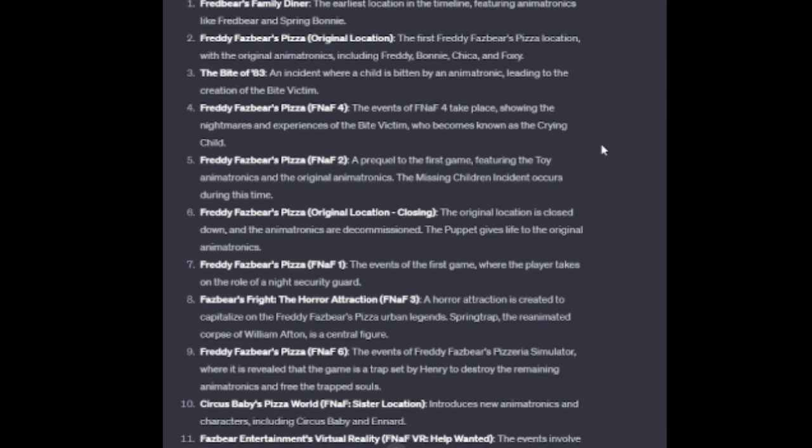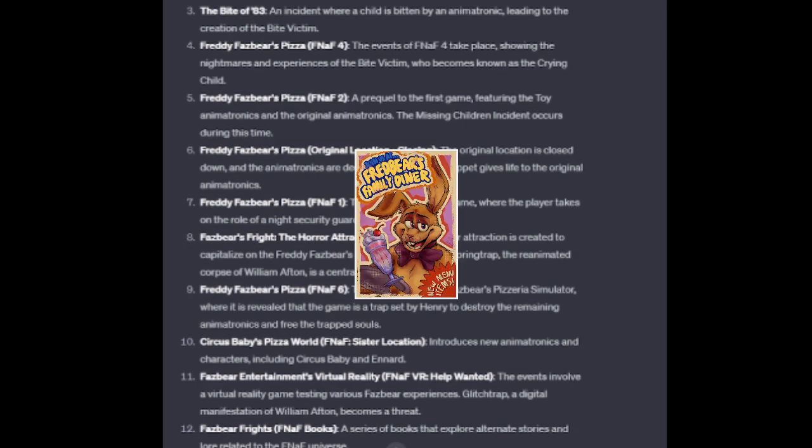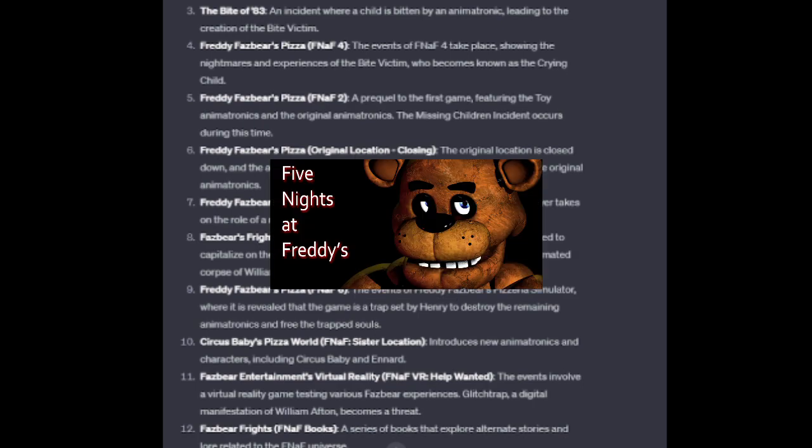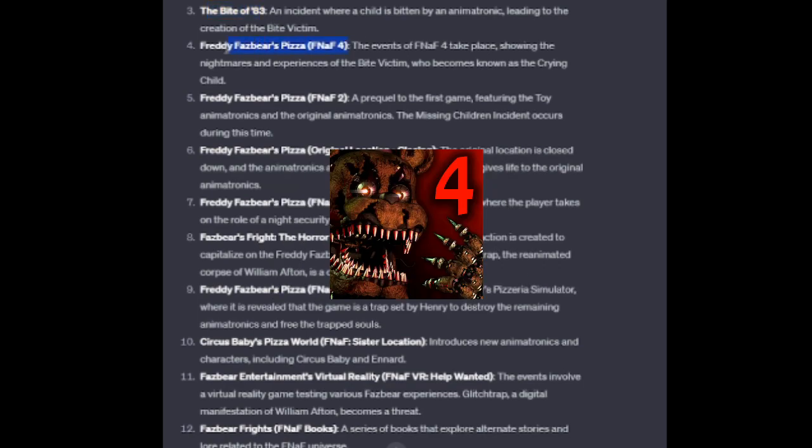Okay, so from my understanding, ChatGPT thinks that it goes William Afton's Fredbear's Family Diner by himself, and then he partners with Henry, and then the Bite of 83, and then FNAF 4 happens.